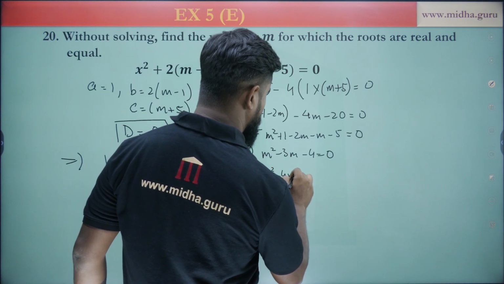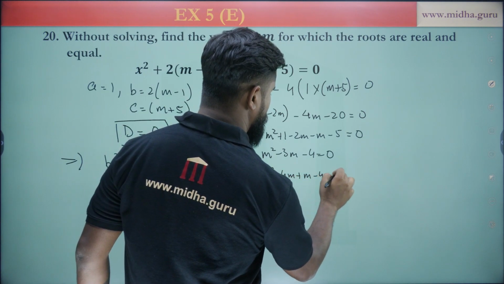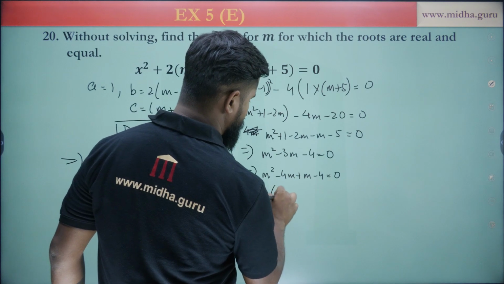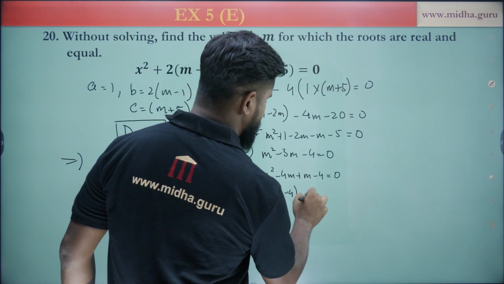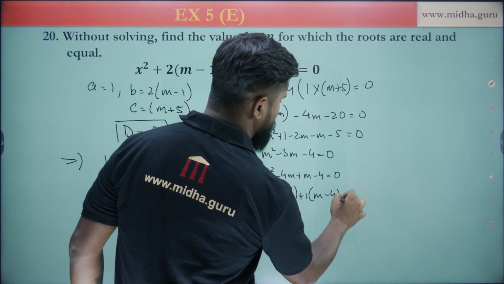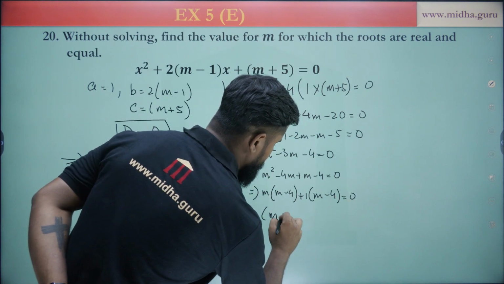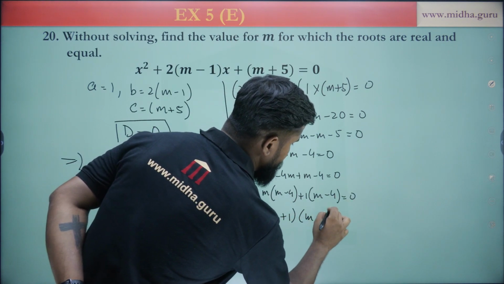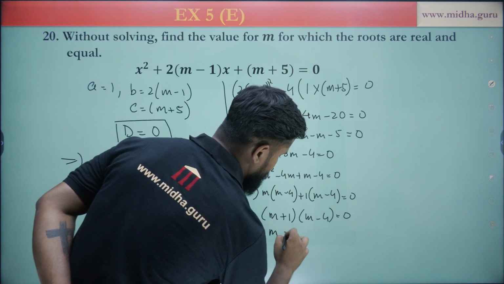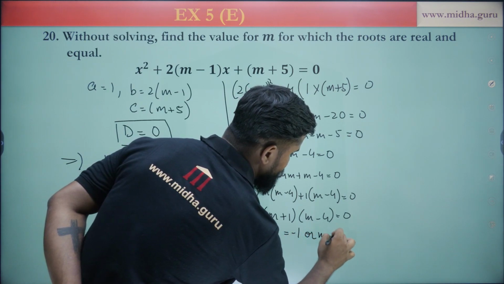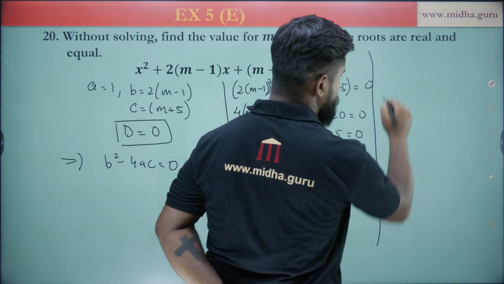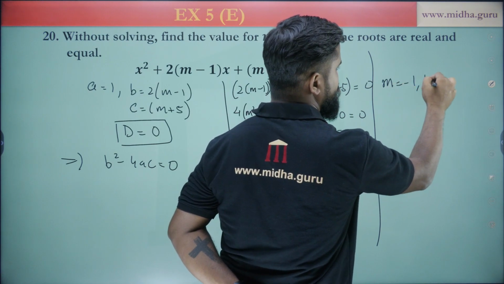So we'll get minus 4m plus m minus 4. We take m as common, we get m minus 4. We take 1 as common, we get m minus 4. So (m plus 1) into (m minus 4) is equal to 0. So m is either equal to minus 1 or m is equal to 4.